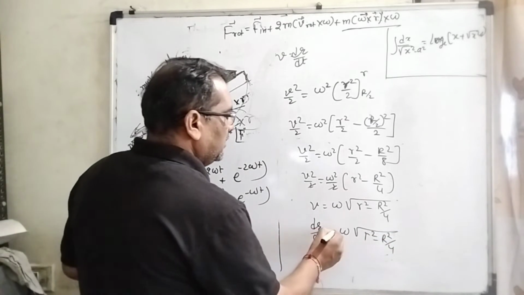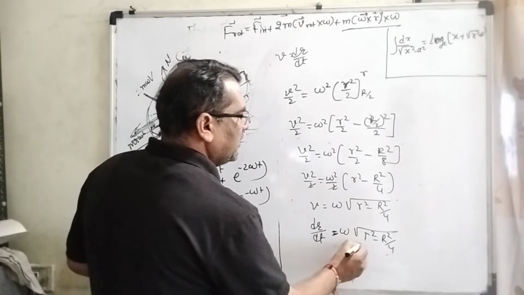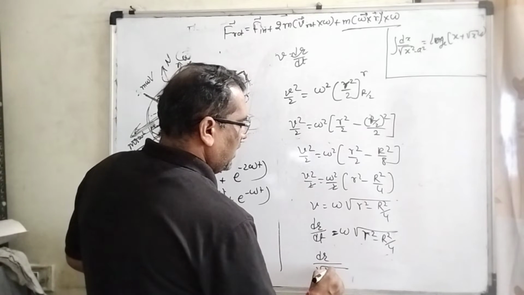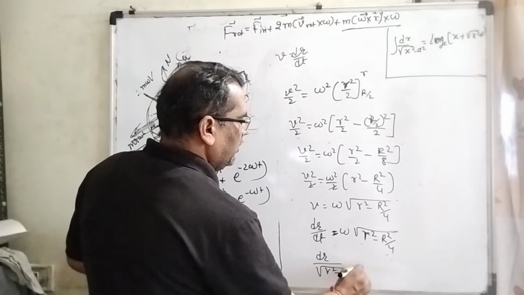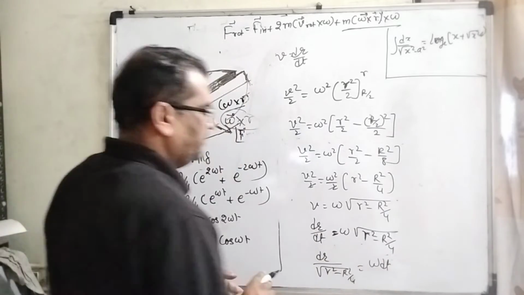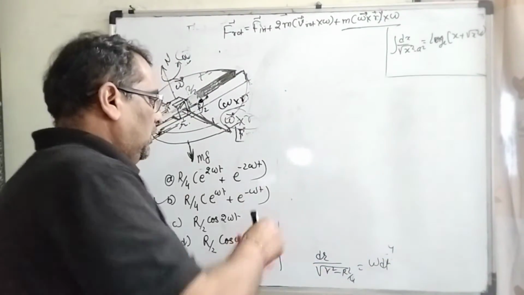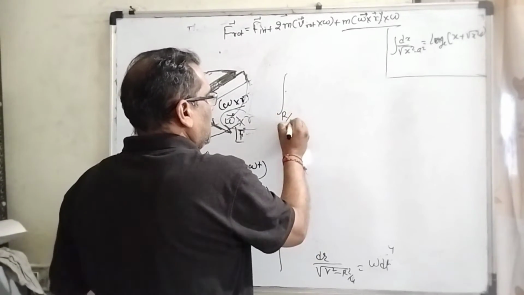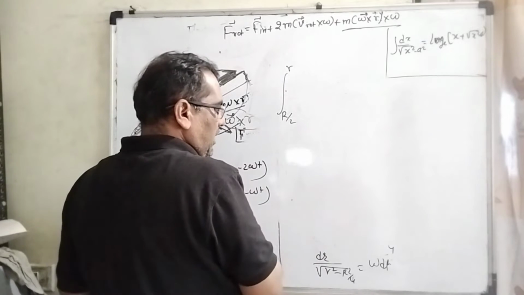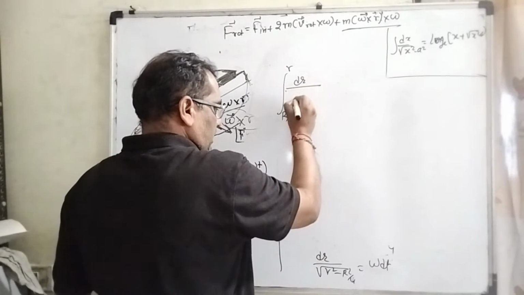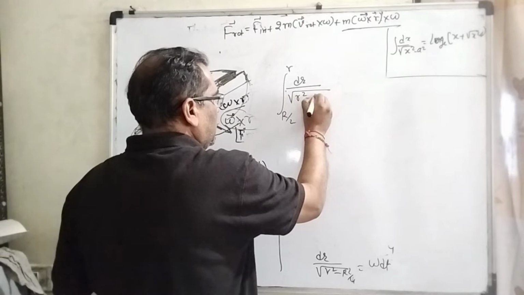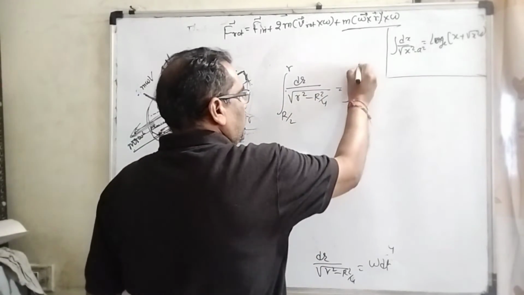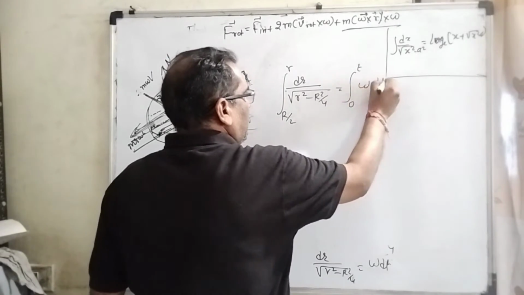Transposing, dr by root small r square minus capital R square by 4 equals omega dt. Now using the limits, lower limit R by 2 and upper limit r, dr by root r square minus capital R square by 4 equals the integration from 0 to t of omega dt.